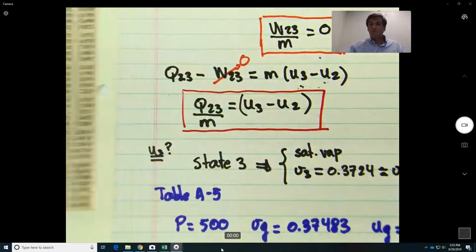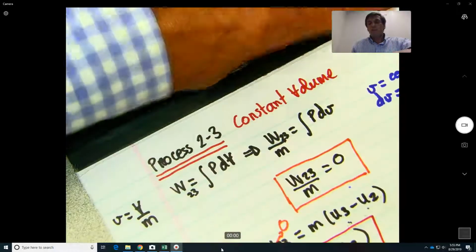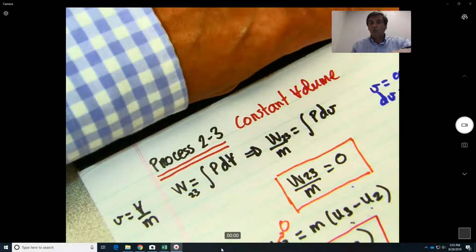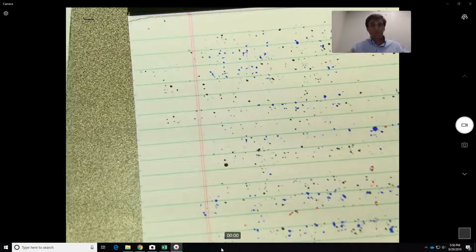Okay, so now we need to go and do the interpolation. So maybe let me just go to the next page. Okay, this will probably be the last time that I do the interpolation in detail. After that, I'm going to refer you to the video I created just for the interpolation.